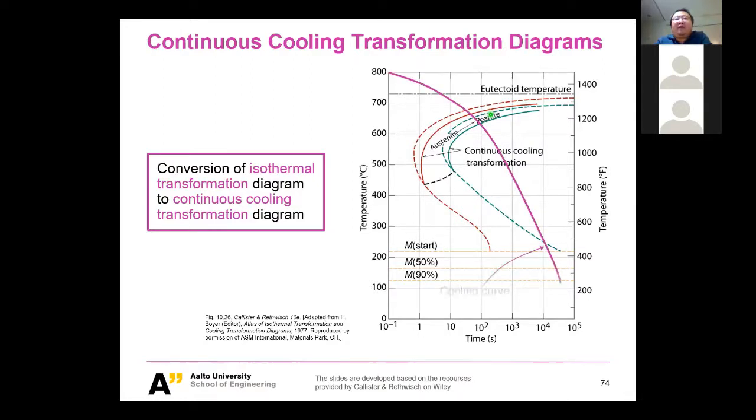So this curve is indicating continuous cooling. This is a curve you usually see when you just put a hot dinner on your table with air, room temperature, and this is what will happen. It will just continuously cool down. This is a typical curve of continuous cooling.